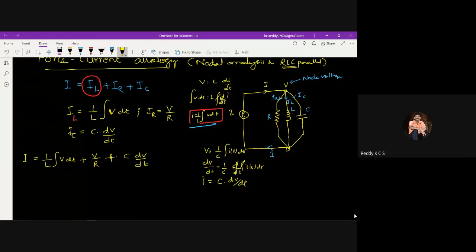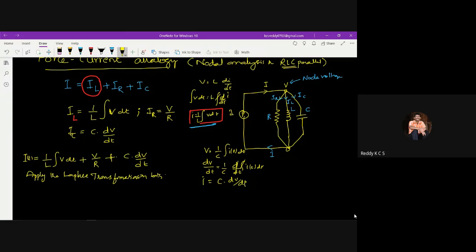Now apply the Laplace transformation on both sides, of course, I of t.